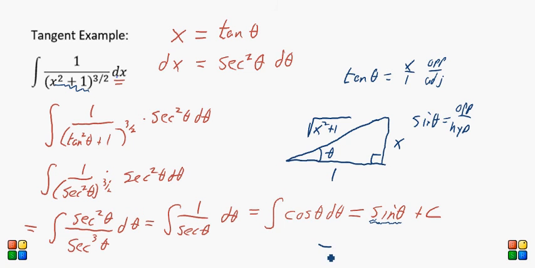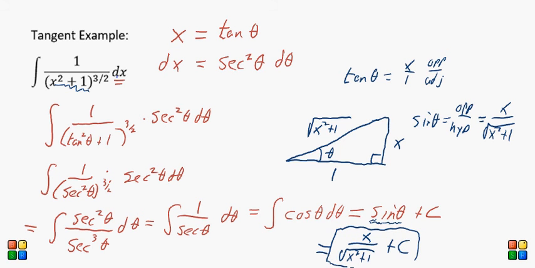And so the opposite is x, the hypotenuse is the square root of x squared plus 1. So that's what the sine is, x over the square root of x squared plus 1. And so that's the answer to this integral. It's x over the square root of x squared plus 1 plus c.